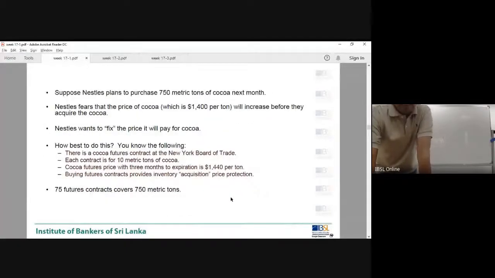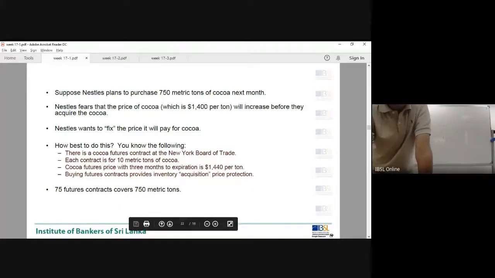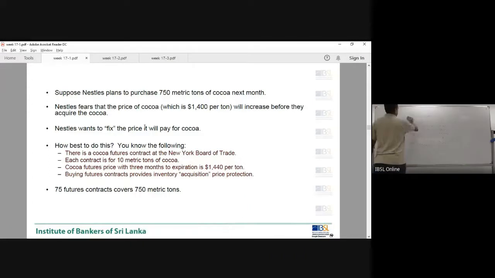Let's try the next example on Nestle. Nestle is planning to purchase 750 metric tons of cocoa next month.